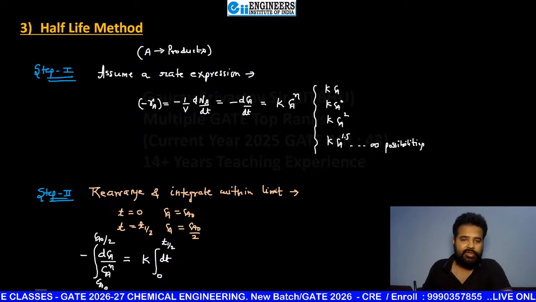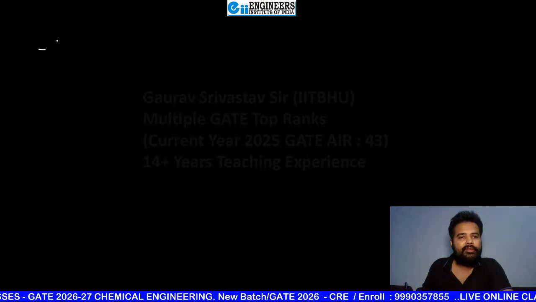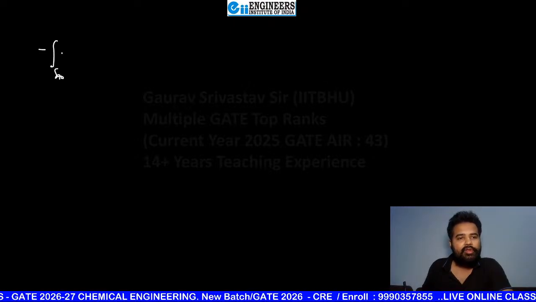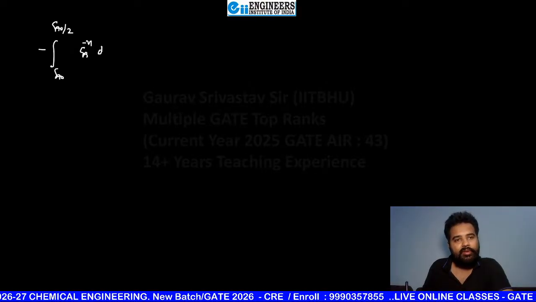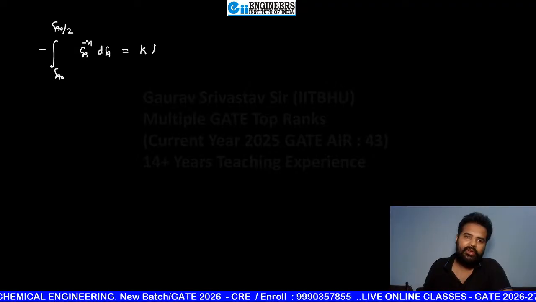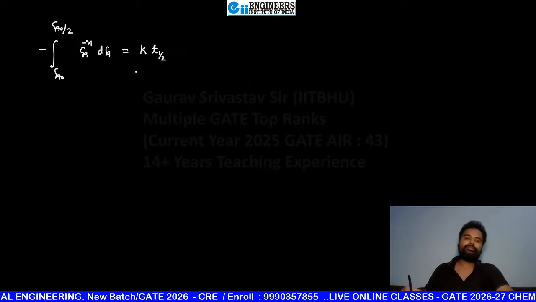Okay, so now just integrate it, beta. Further moving, you can write minus integration Ca naught to Ca naught by 2 and Ca raised to power minus n dCA, and the right hand side is very easy to integrate, so I'm writing t half minus 0, that means k t half.